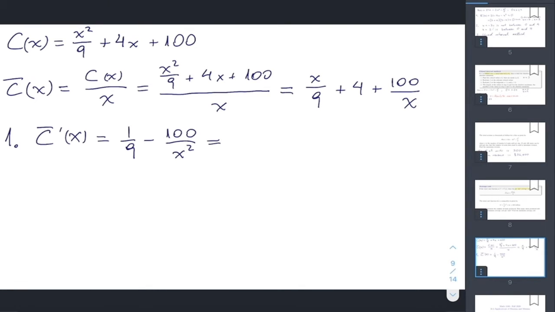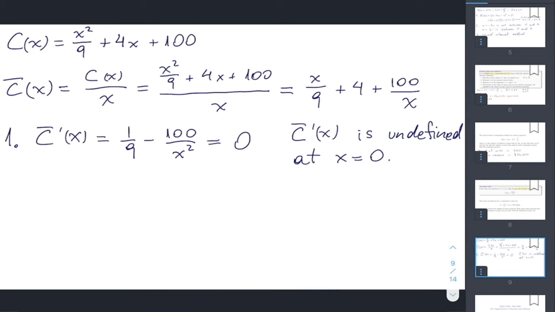And we want to find where this is equal to 0 or undefined. So notice that the derivative is undefined at x equals 0.